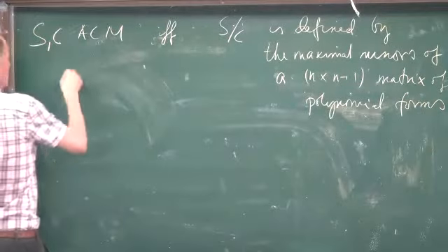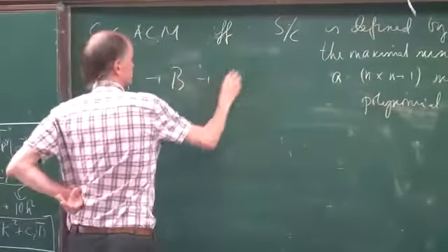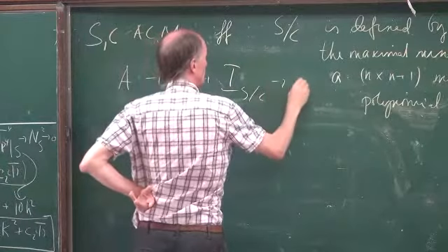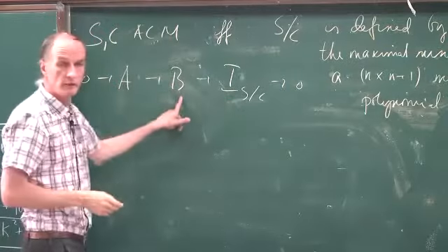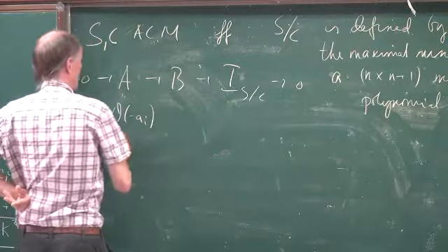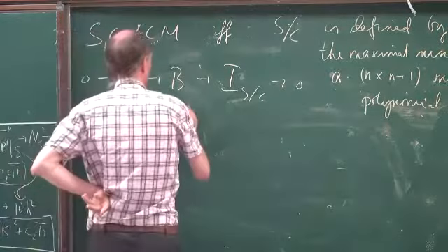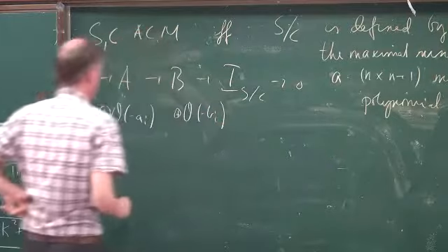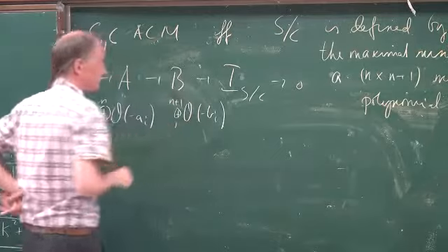You could put it differently: you have a resolution of this ideal of S or C, A to B, where A and B are free sheaves. This is a sum of line bundles, and that's another sum of line bundles, indexed 1 to n and 1 to n plus 1.